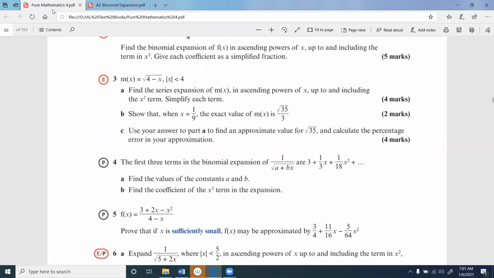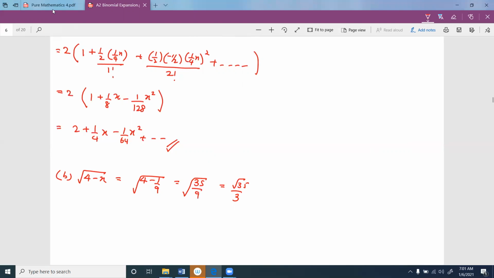Then what you need to do is use the answer in part A to find the approximated answer for root 35 and calculate the percentage error, right? We know that the expansion for this is this. Therefore, when you substitute 1 over 9 into this, you get approximated answer for this.